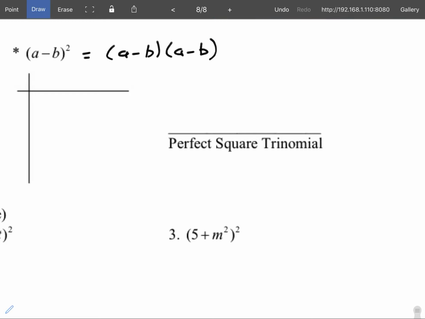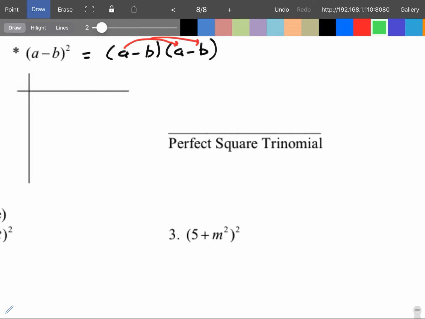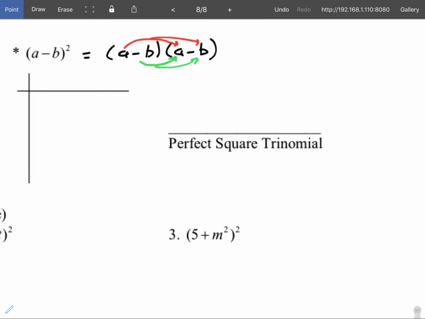All right? And then same thing from yesterday. So then you would distribute this a onto both of these terms. And then you would distribute this b, actually a negative b, onto both of these terms. But let's try to use the shortcut. If you're comfortable with doing it like yesterday, that's fine. But let's try to use the shortcut.